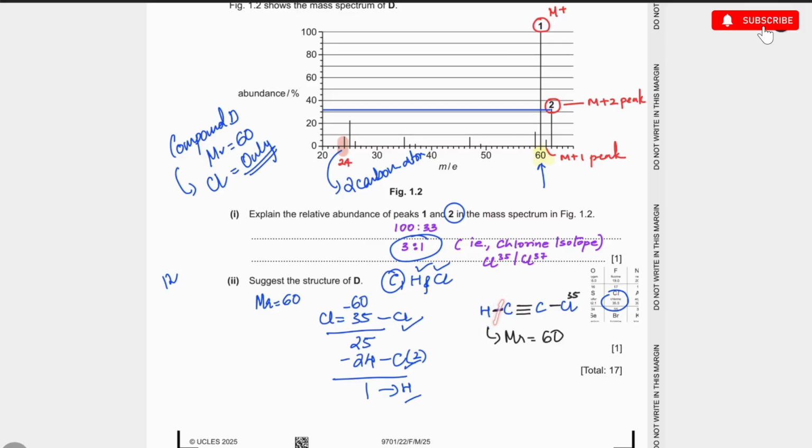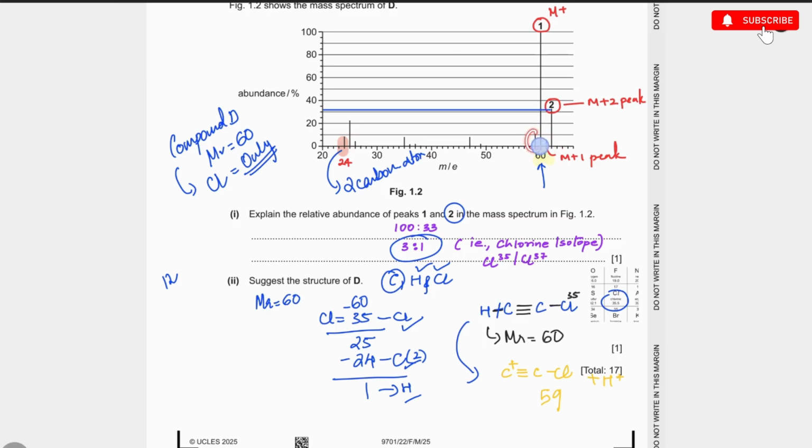Let's do it from here. We can write this as C plus, triple bond C and Cl. So from here I can lose Cl, which is 35, leaving 35 plus 24, which gives me 59, plus the H. Am I getting any peak at 59?